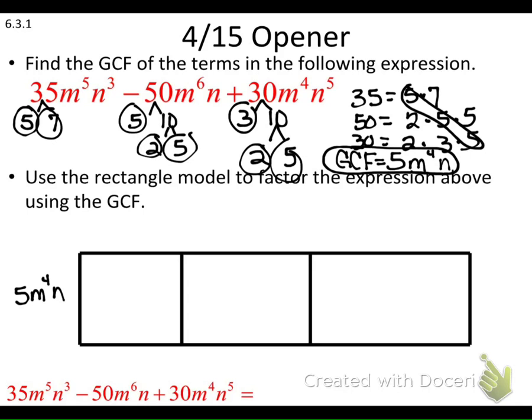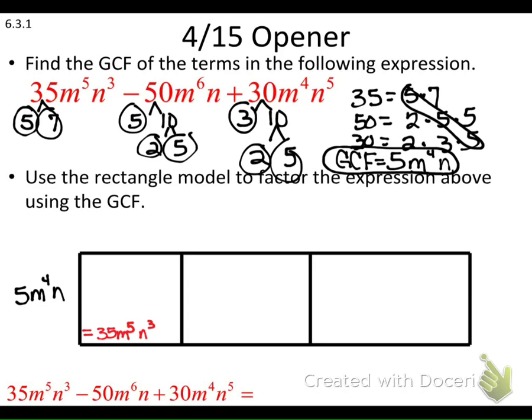Now, these three terms represent what on my area model? Yeah, the area. So I go ahead and put them in down at the bottom for my areas. So my first area is 35 m to the 5th n cubed.